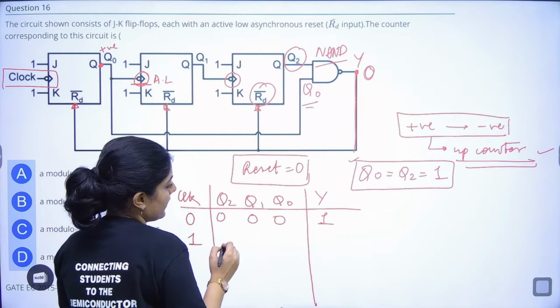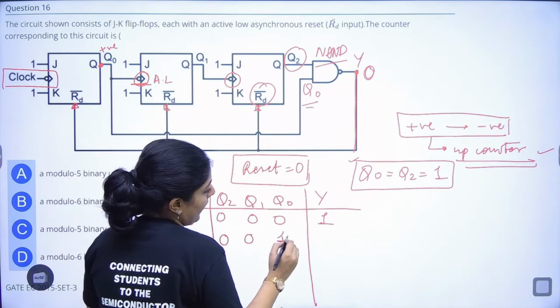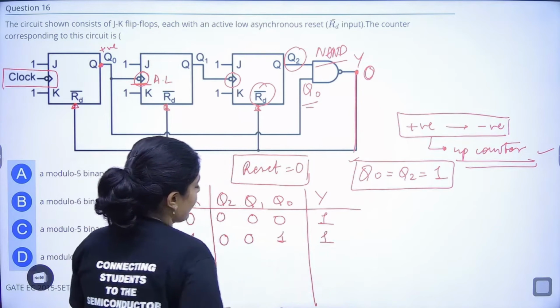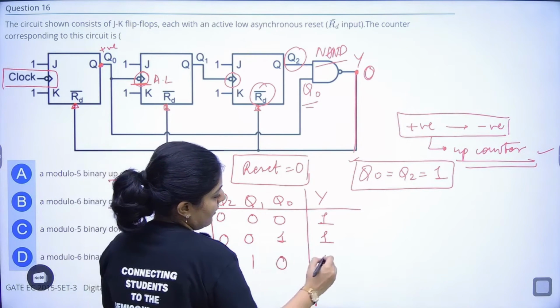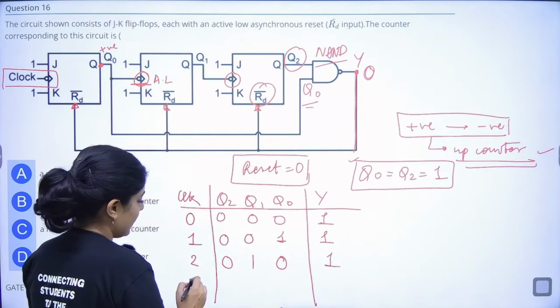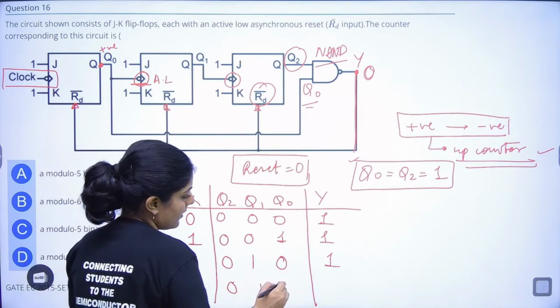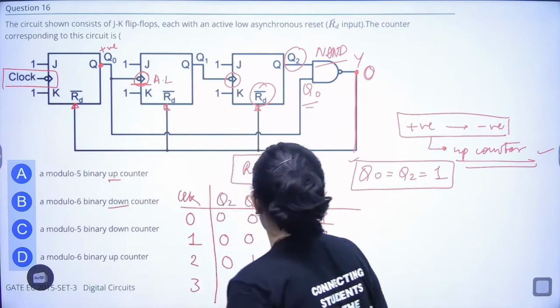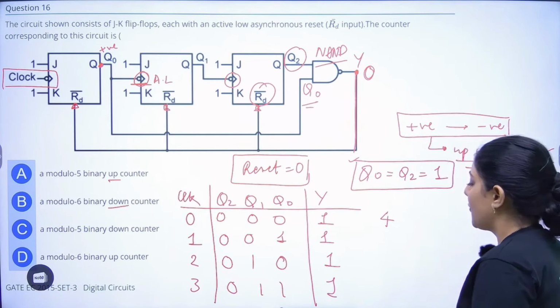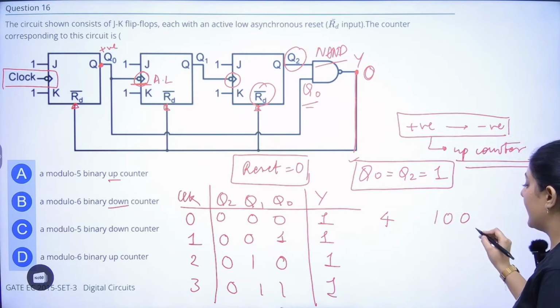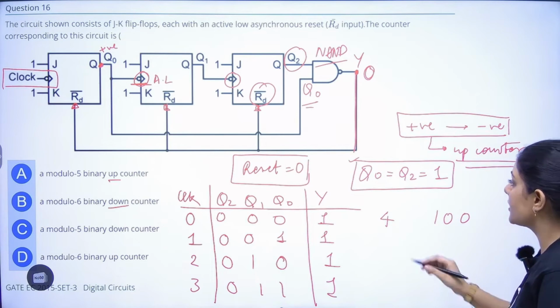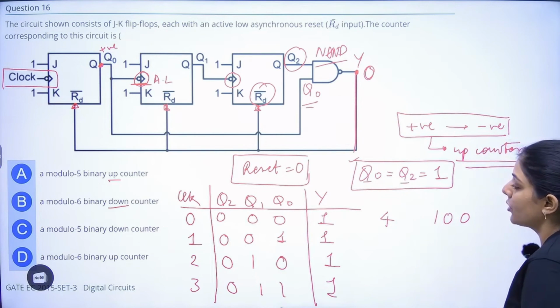First clock, counting 1, output again 1. Second clock, 1. Third clock, 1. Fourth clock, it will count 4. It is 1 because Q0 and Q2 both should be equal to 1.